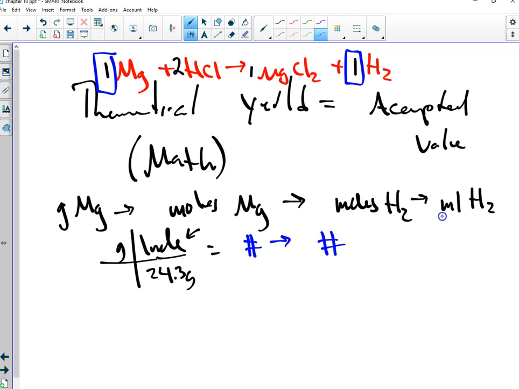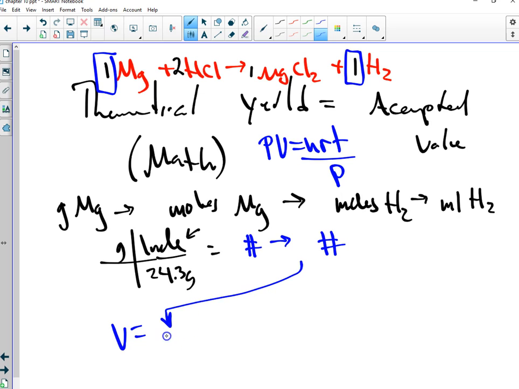And then to solve for volume, we used PV=nRT. We solved for V, which is nRT over P. So now we have V equal to this number, that was our n, and then our 0.0821. And then our T, we'll round it to 295 of all the things that I heard.